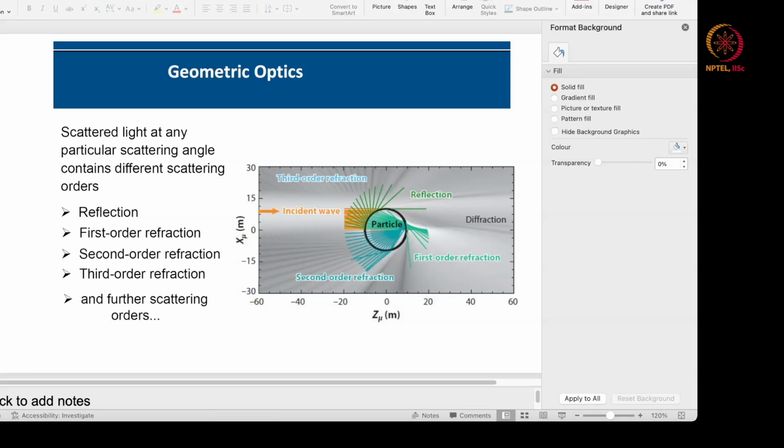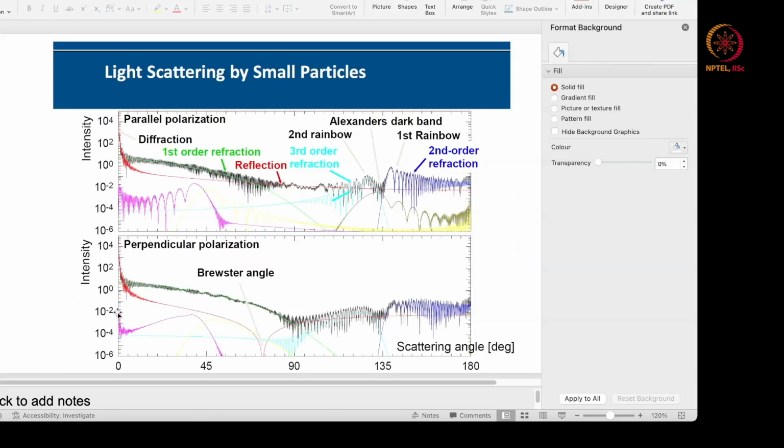This is summarized by this particular diagram that you see over here. I will just hover on this for a few seconds so you can make sure that you have got everything. When you talk about light scattering by small particles, this is a pretty complicated diagram. This is for parallel polarization and this is for perpendicular polarization, which we already know by now.